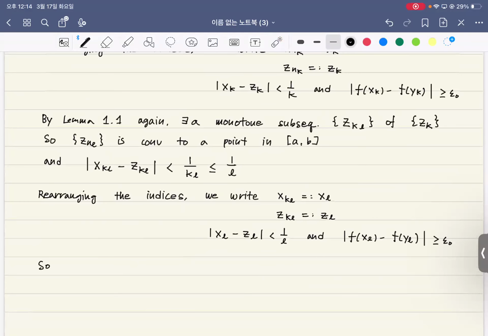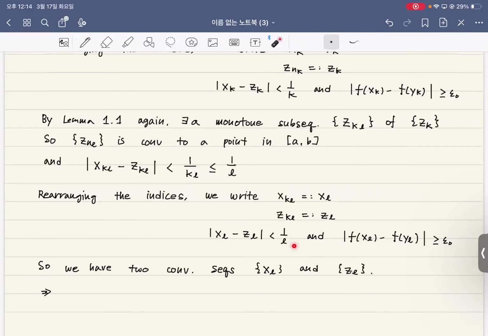So we have two converging sequences, xl and zl. And because of this inequality, xl minus 1 over l is less than or equal to zl, but this is also less than or equal to xl plus 1 over l, right?